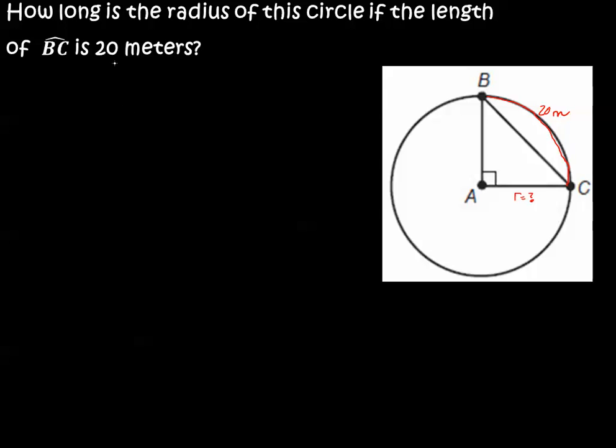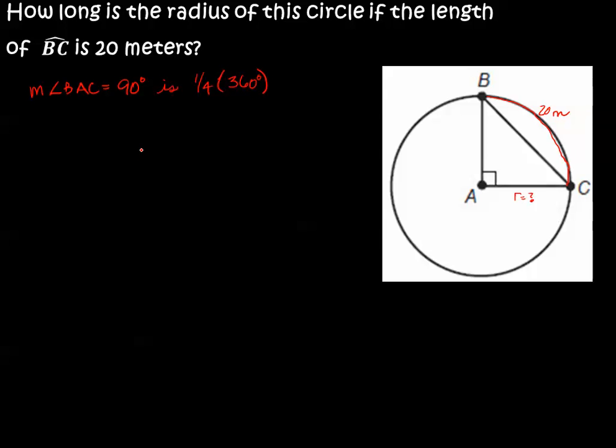Well, I want you to look here. The measure of angle BAC equals 90 degrees. Okay? And 90 degrees is a quarter of 360 degrees. I hope everybody agrees with that.